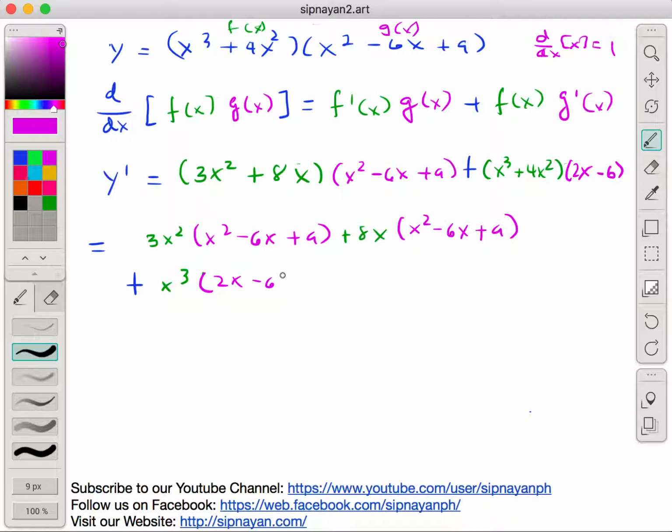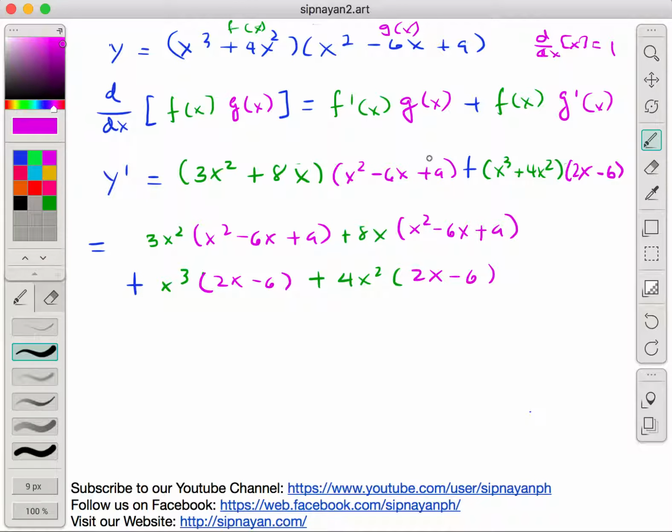So this is just the application of distributive property. Ewan ko paano kayo nagmumultiply, pwede nyo i-box method, but pwede natin i-substitute dito 4x squared times 2x minus 6. Makikita nyo yung ginagawa ko? Yung 3x squared plus 8x, hinati ko siya, tapos dinistribute ko yung x squared minus 6x plus 9 dito sa dalawa.